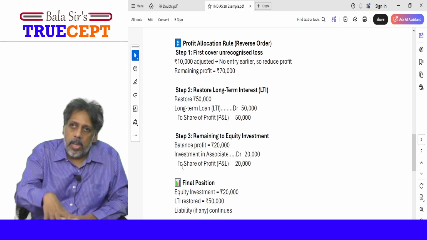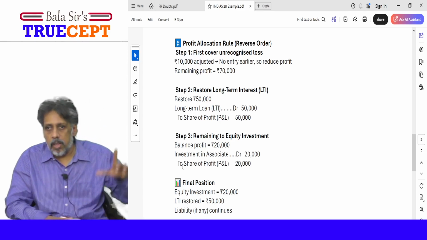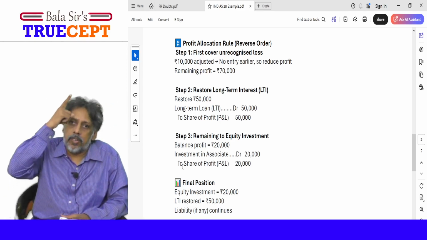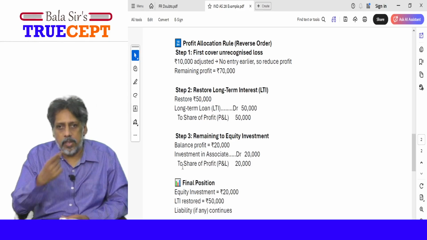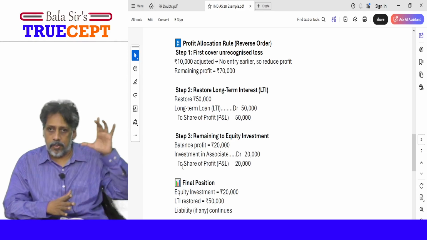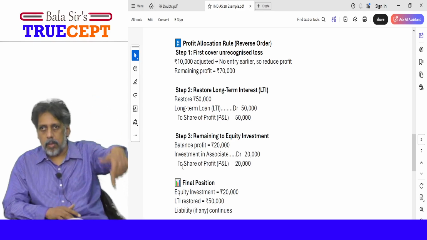But when you recognize the 70,000 profit, what should you do? First, you have to restore the loan amount that was written off, right? And any balance of profit will be debited to your investment in the associate. Is that fine? So, 70,000 remaining profit, then restore the long-term loan.